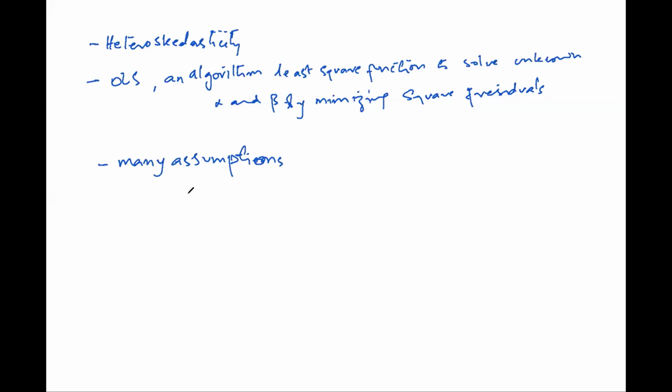If any of the assumptions fails, OLS will not give you the best results. You already discussed many of them. So today we focus on one of them and go into detail: how it comes, what is the reason behind its evolution, and how to solve it.